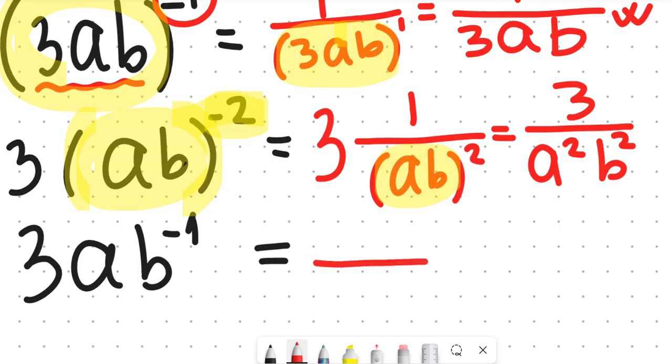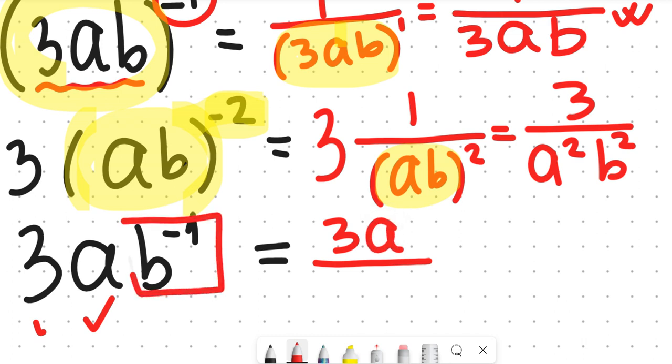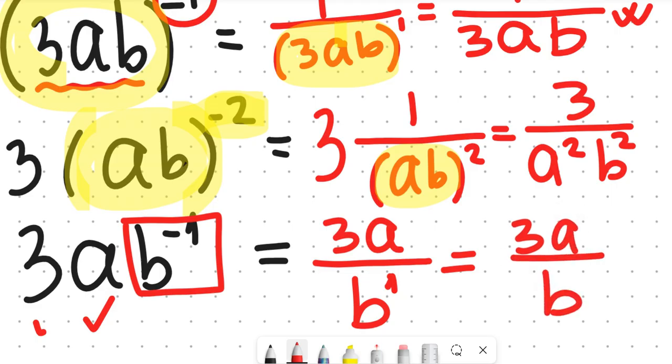So it will be a fraction. Now we said 1 goes up, but we have 3 is positive, it remains up. A is positive, it remains up. B to the power of negative 1 goes down and becomes b to the power of positive 1. Now we all know that b to the power of 1 is b. So you can basically say 3a over b. With that, we are done with those three questions.